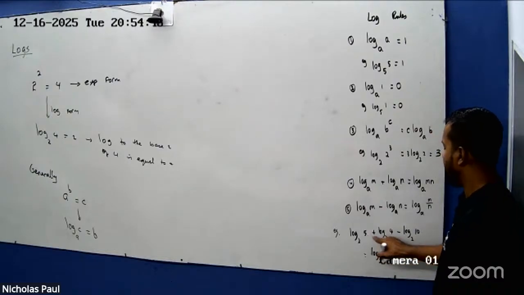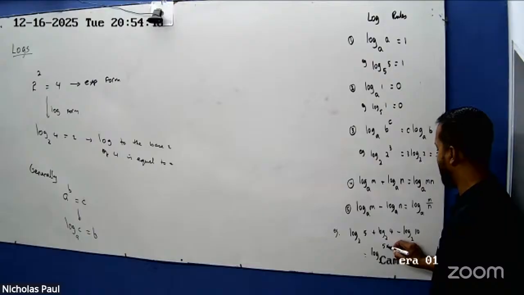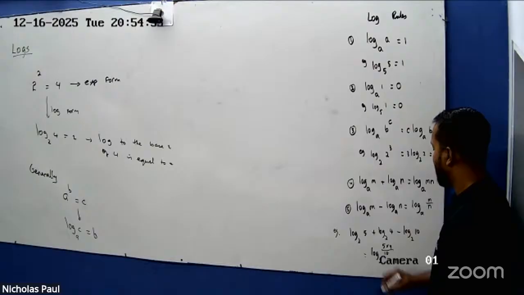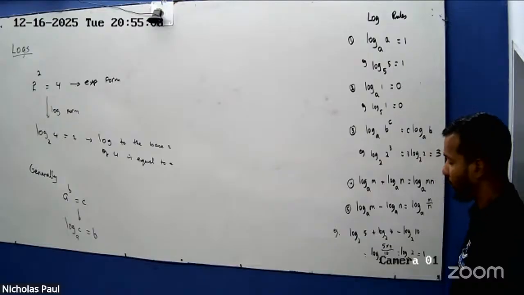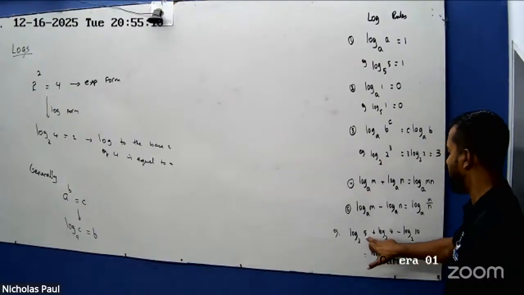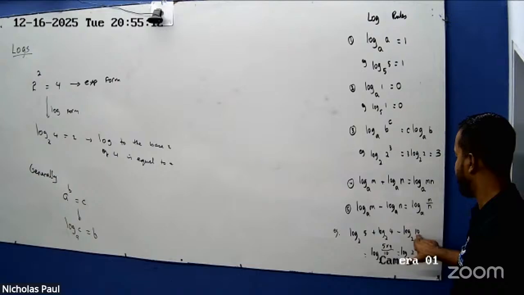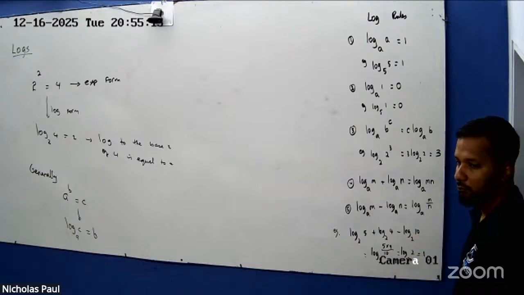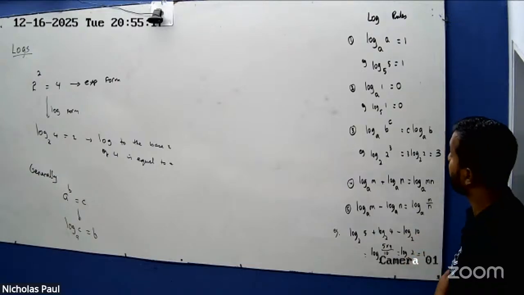Addition, so it means that I can multiply 5 by 4. Minus, it means I can divide by 10. So 5 multiplied by 4 divided by 10. This is 20 on 10. That's 2. Log 2 is 1. Right? So same base, addition, you multiply. Minus, you divide. That's it. Those are the rules for logs.